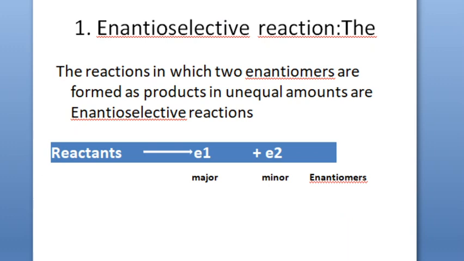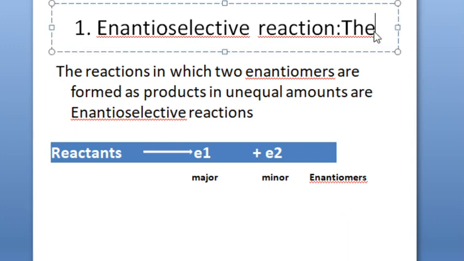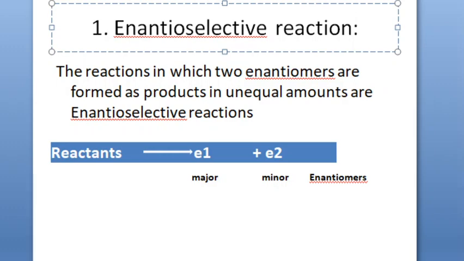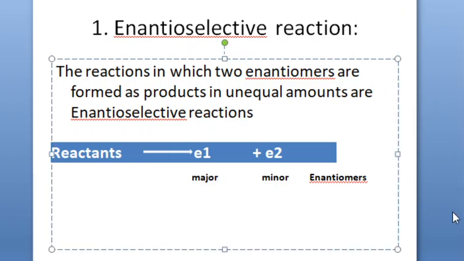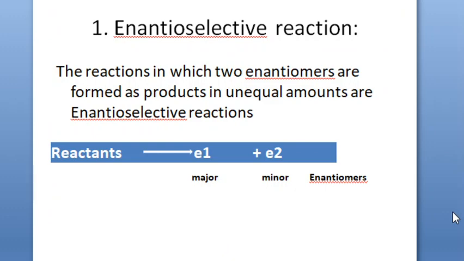Enantioselective reaction: reactions in which two enantiomers are formed as products in unequal amounts are enantioselective reactions. In such a synthesis you carry out a reaction and you get products that happen to be mirror images of each other and are non-superimposable.